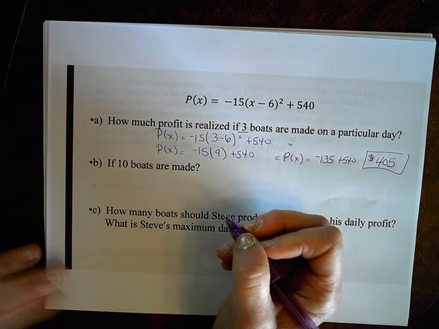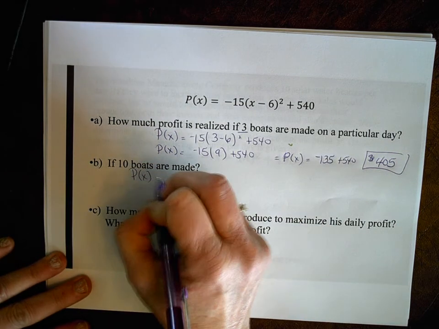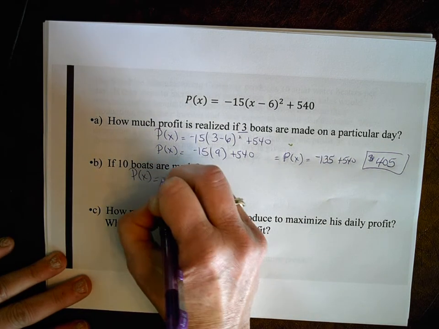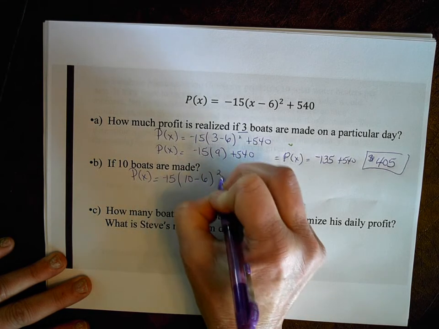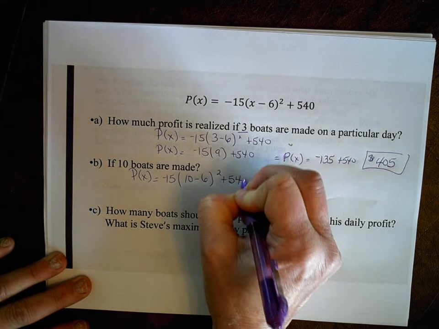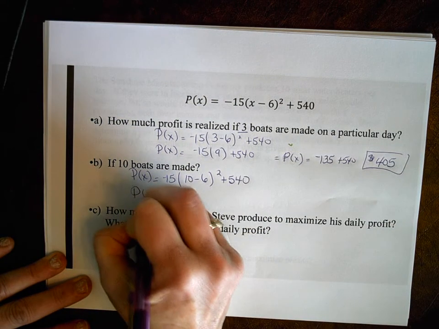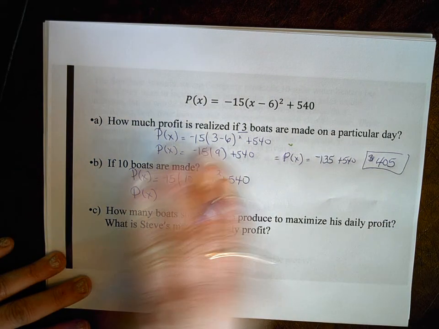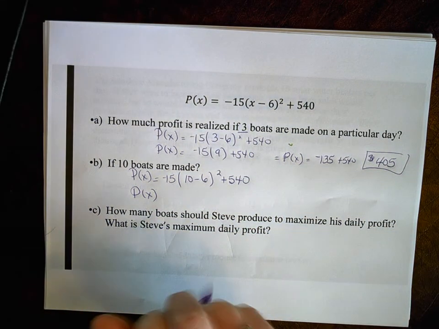What if they made too many boats? What if they made 10 boats? And you'd think, oh, the more boats they made, the more money they're going to make. Well, if they make too many boats, they might have to hire more people, and so it may cost them more. So if we do this one, we make 10 boats. It's on the other side of the vertex, so it's going down. So that's why we talked about increasing and decreasing on the graph.